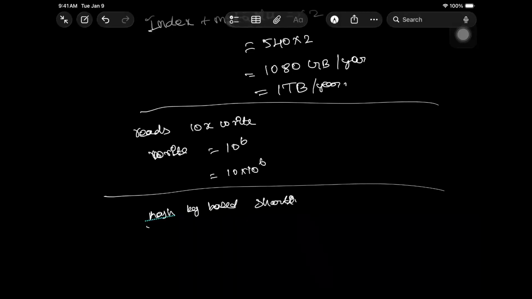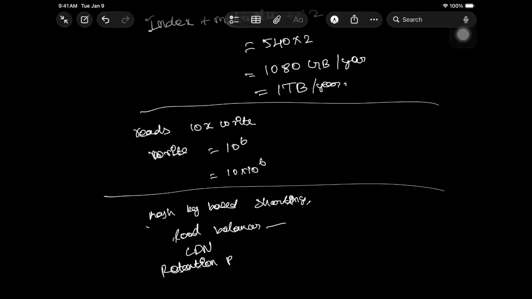So apart from that, we need to consider load balancer, then CDN. Load balancer handles scaling, and CDN is the content delivery network. And we have also covered retention. There is a retention policy.